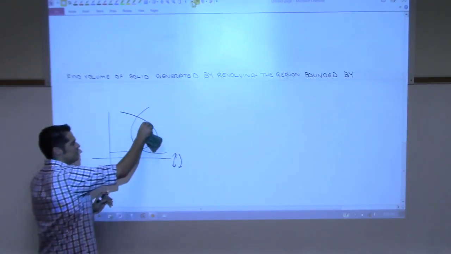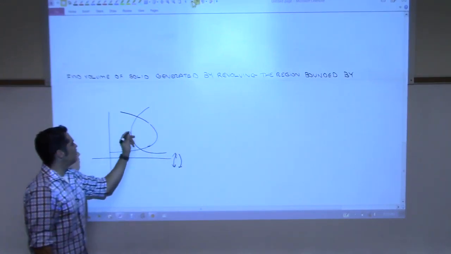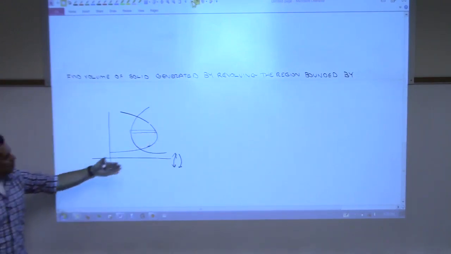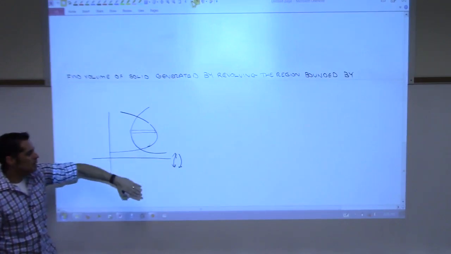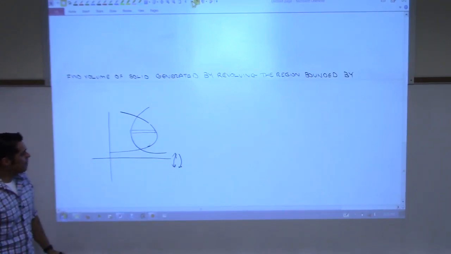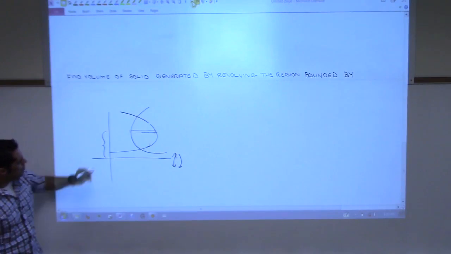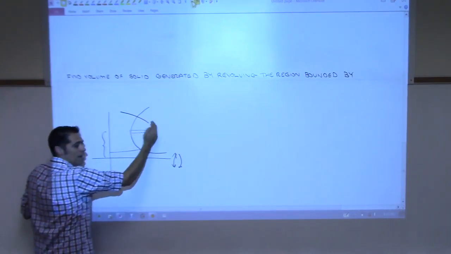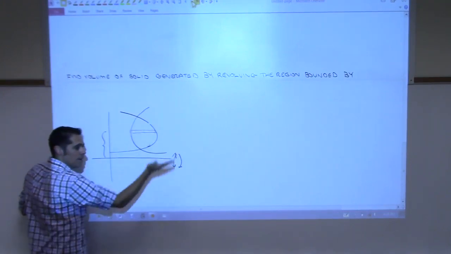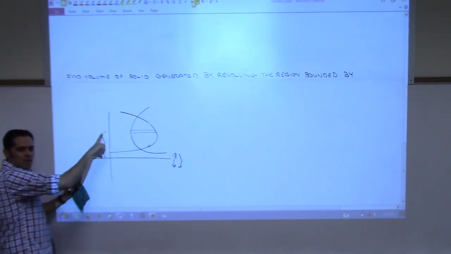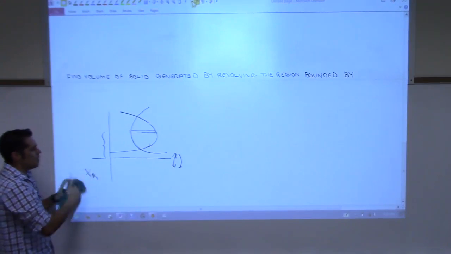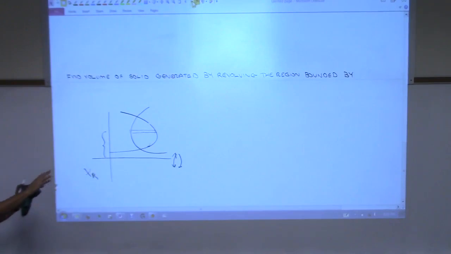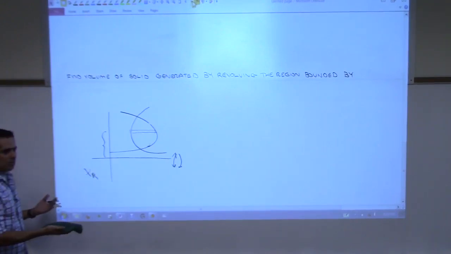That would be a disaster, right? But if I run my rectangles this way, then I'm running parallel. So you would have your distance from the axis of rotation to your rectangle. Instead of top and bottom, you'd have right and left. And this would be our x sub r. It would now be y sub r. So everything would change. I'm not going to give any of these, all right? But you could. I'm just trying to sell you on the idea that you could do it.